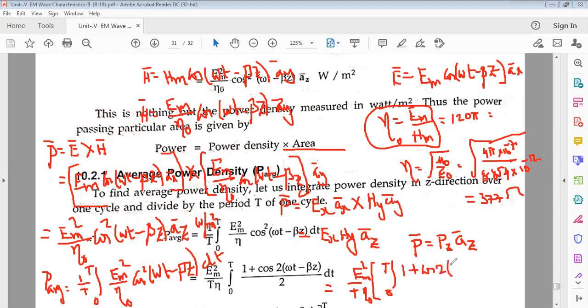Here theta is omega t minus beta z, whole divided by 2, into dt. So we are applying with respect to t; 1 by 2 into dt is dt only. I'm removing all these functions.